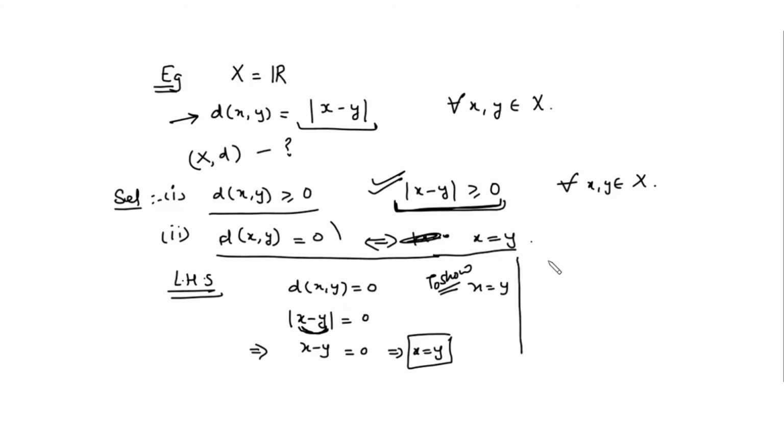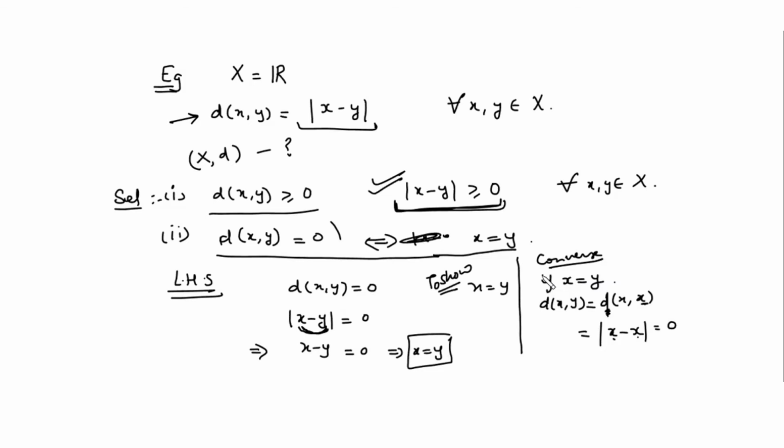Now just see the converse. See what will happen if x is equal to y. What will be d of x y? It is the same as d of x comma x, because x and y are the same. So put the value of y over here, x minus x, which is 0.